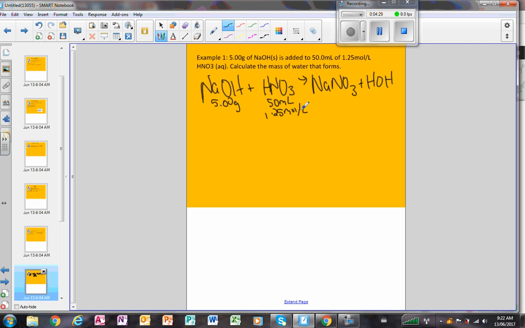And then the next step that's very important is that we have to calculate the moles of both reactants. So we're going to look at sodium hydroxide first. And we're going to divide this by the molar mass.